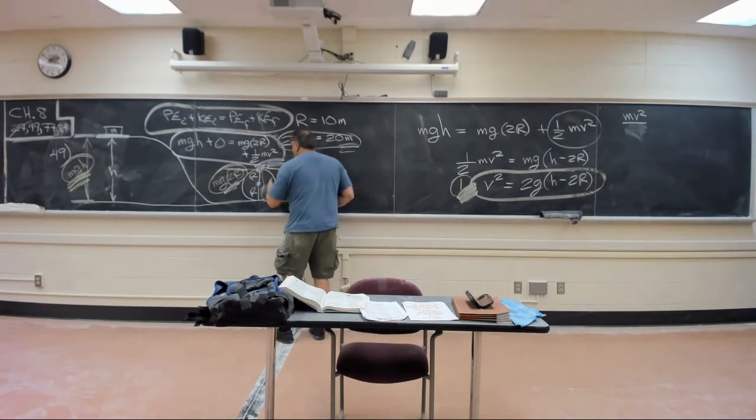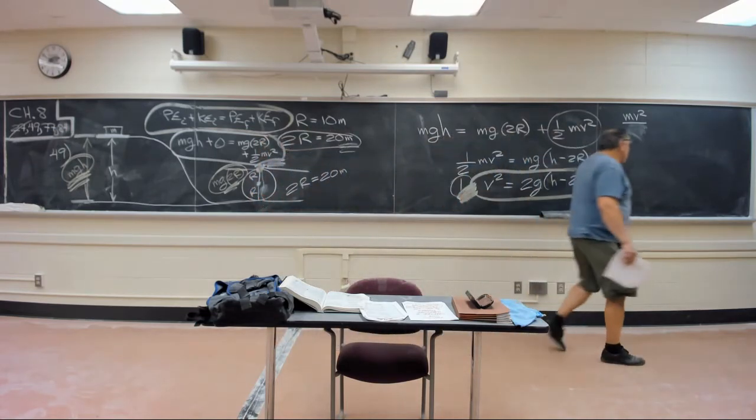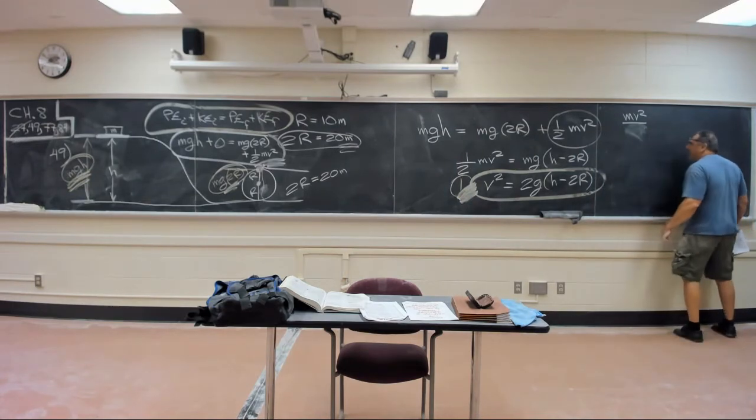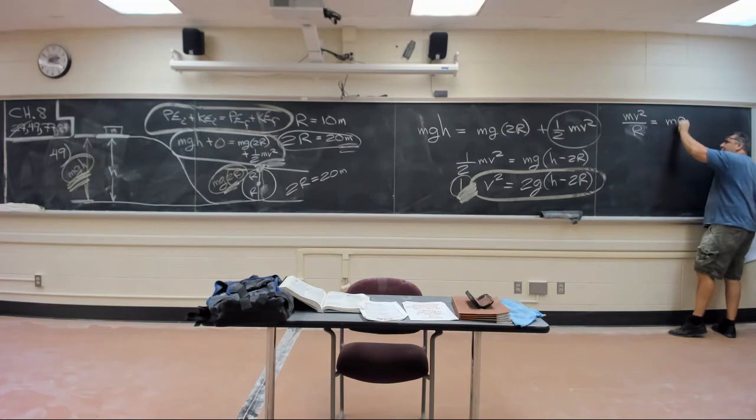There's a tendency, made up force or not, of mv squared over r that way, and mg pulls down toward the earth, and mv squared over r is the quote-unquote centrifugal force, and they're going to balance out, if you allow me to say it that way.